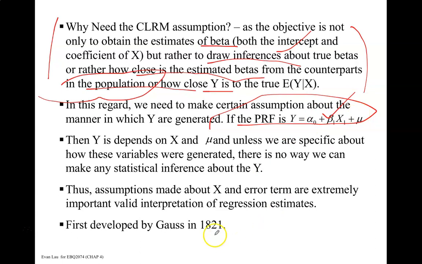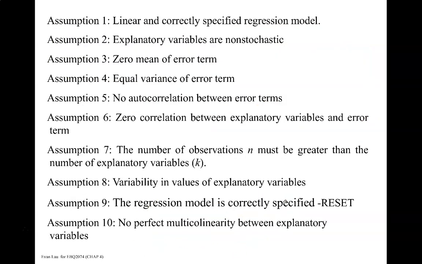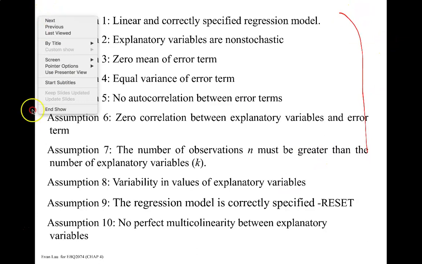All right, if we look back at the history, this was developed in 1821. These are the 10 assumptions which the OLS should fulfill to ensure that the model we estimated is a good model, the best model in that sense. We go through the assumptions one by one.